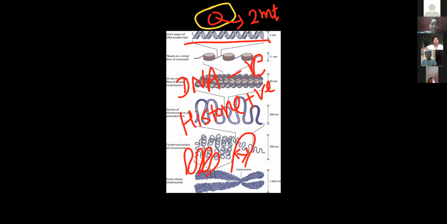So to wind it in a condensed form, the DNA molecule is wrapped around histone proteins, because histones are positively charged. That is the benefit of histone proteins: they help make DNA very condensed.